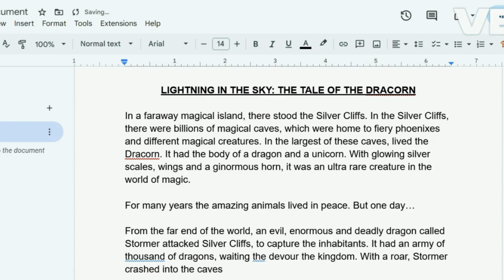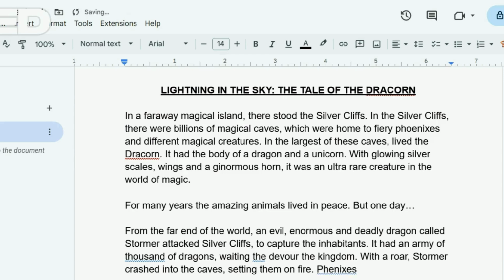So it suddenly crashes or flies fast into the caves where the phoenixes and other friends of Dracon live, setting them on fire. So Storm attacked the caves and now they are on fire because the dragons can breathe fire, and a massive destruction.